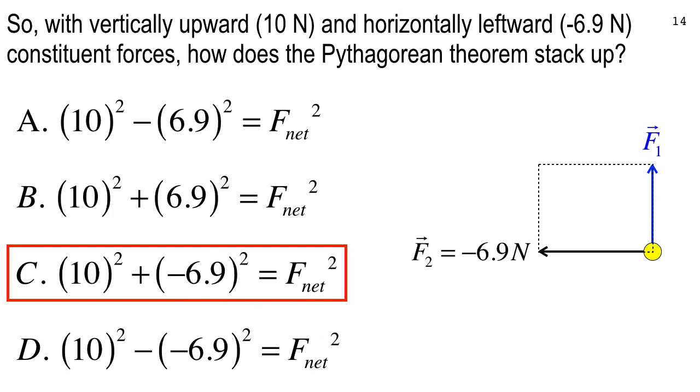It forms a rectangle, because the two constituent forces are at right angles like this. Okay? You have a rectangle. But if the two constituent forces were slanted, you'd have a parallelogram. But you'd still go with the diagonal from the center of mass out to the opposite corner, and that is then the arrow for the net force.